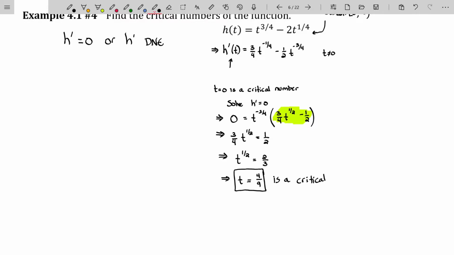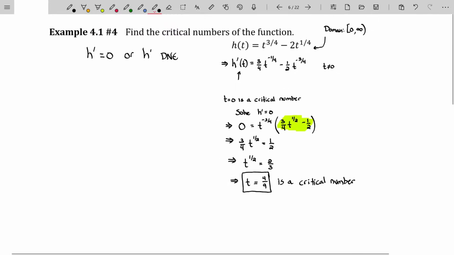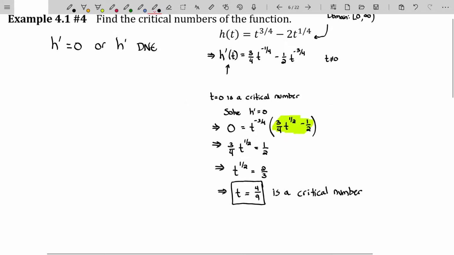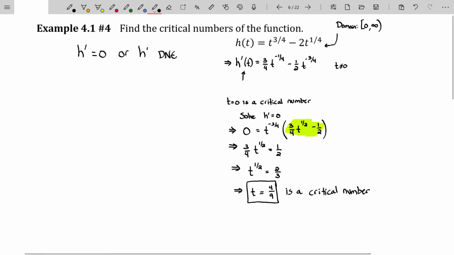So there's our two critical numbers. If they ask for the critical value, like, okay, what are the critical numbers? And then what are their values? What's the value of the function there? Or what's the critical point? You would plug in those values into the original function to find what the points are. That is, the critical point associated with the critical number 0 is h of 0, which is 0.